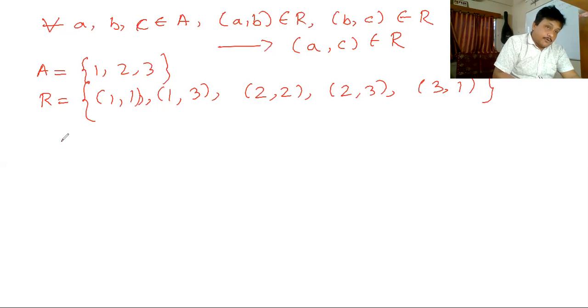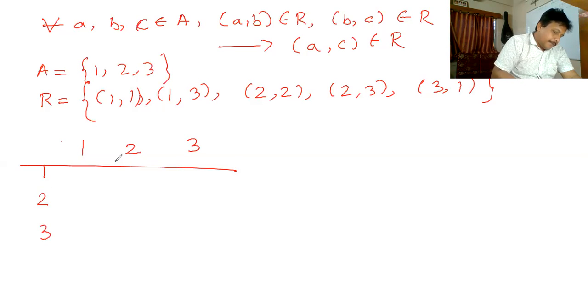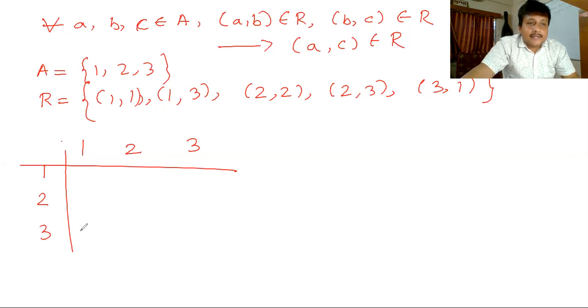For that, you construct the table 1, 2, 3 by 1, 2, 3, and you check that in this case, the first position is (1, 1). It is in the relation R, so you mark it with unity. What about the next position? It's (1, 2). Look, (1, 2) is not there in the relation R, so mark it with 0.